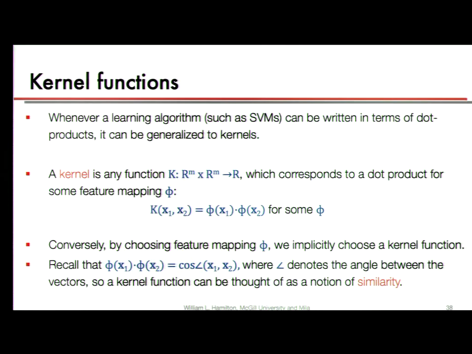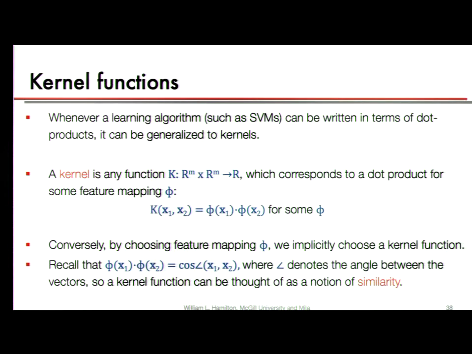And in fact, what we can do here is that instead of explicitly computing some transformation of our inputs and taking dot products, we can just assume that we have some function, and we call this a kernel function, where this kernel function takes two of our points and outputs the dot product of these two points after some feature expansion.